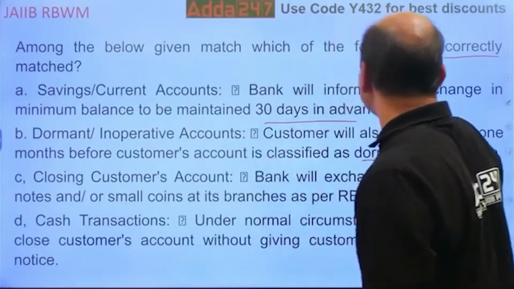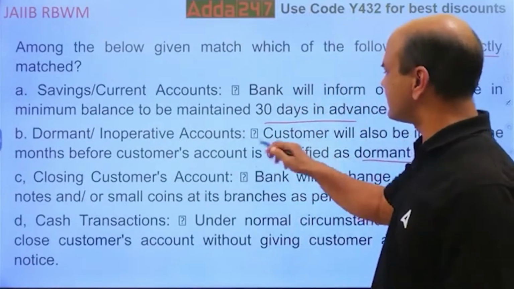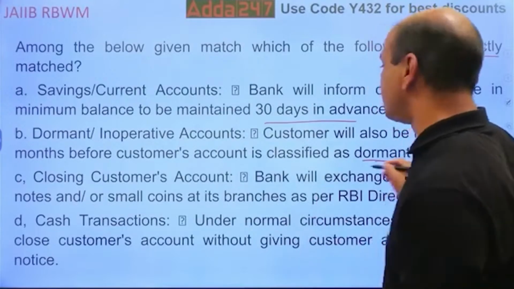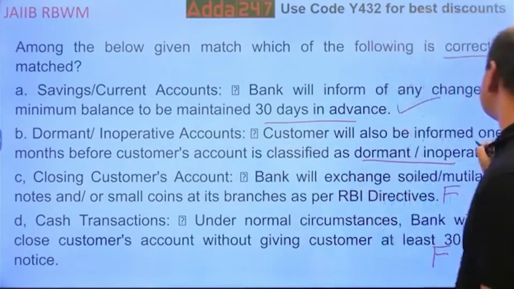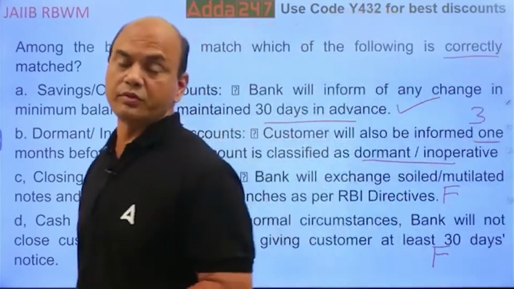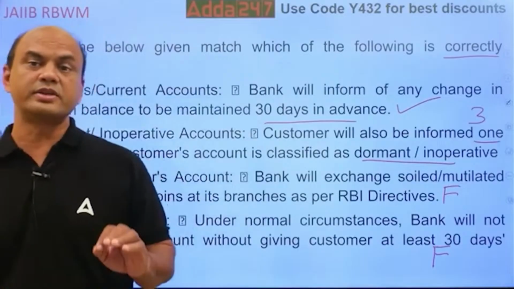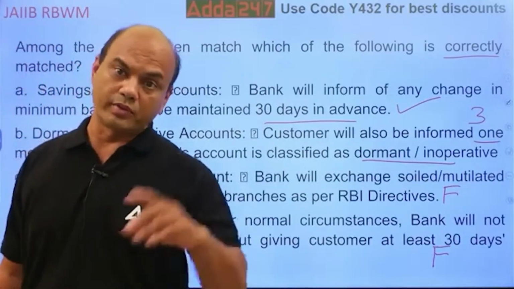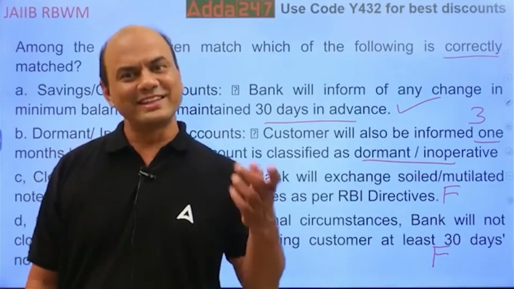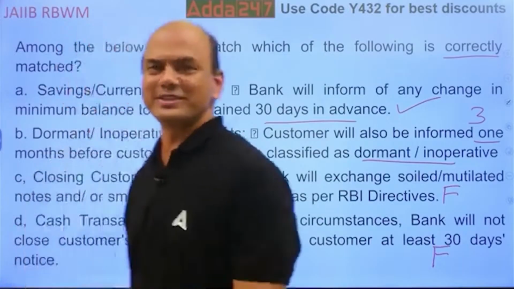Some of you will say, sir, this is also true now. No, this is not true. Why? Because here it's not 1 month. It is 3 months. If you want to transfer anyone's account to dormant, you have to inform that customer 3 months before. That's why this was tricky. A and B was tricky.